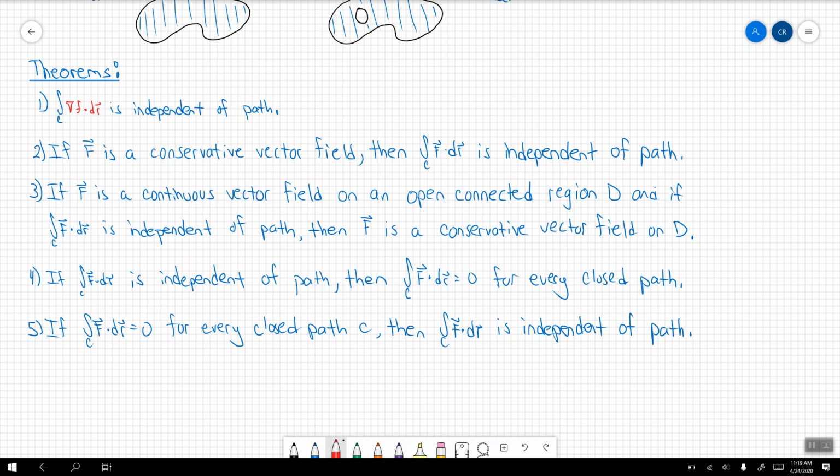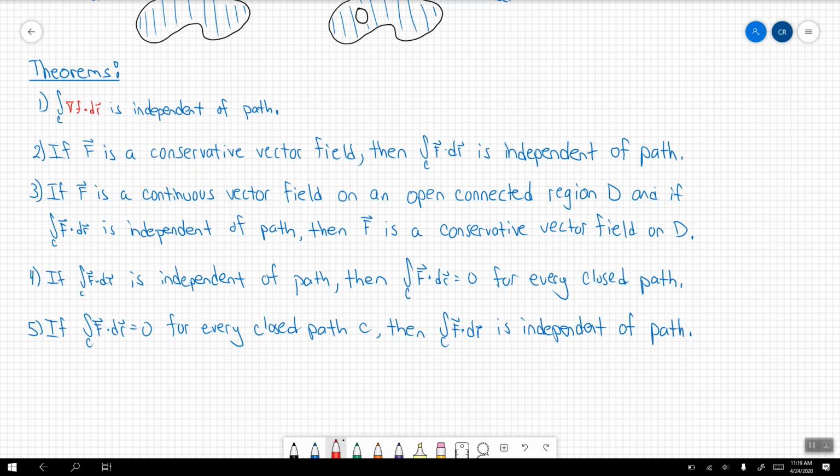Independent of path means we have a conservative vector field, so when we take a line integral over any closed path on that conservative vector field, the line integral should always be 0. It's like displacement: you're right back where you started. Displacement would say you haven't moved anything, but total distance would say something different.